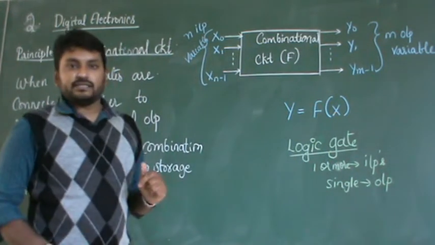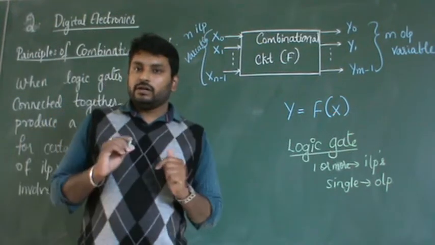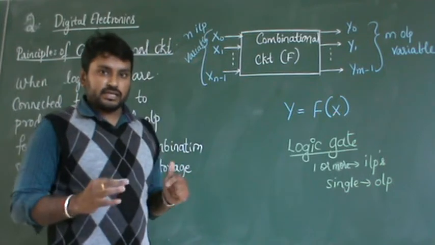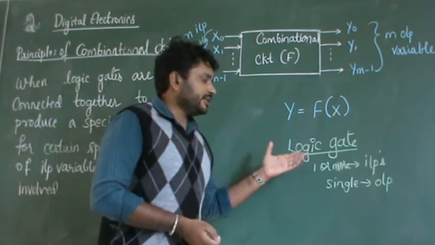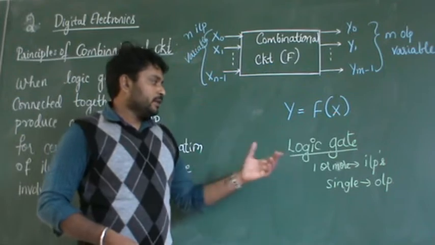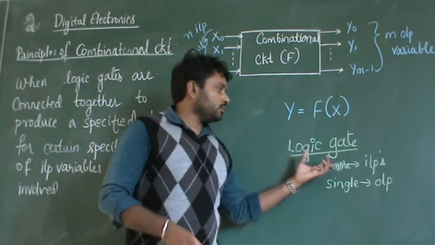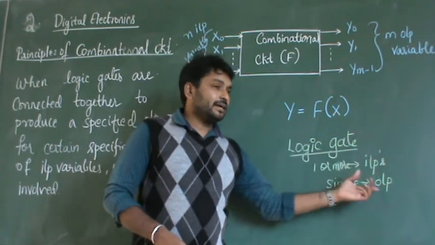Understood? So a logic gate is a building block in order to construct or implement any digital electronic circuit, and the definition is: a logic gate is a gate which has one or more inputs but a single output.